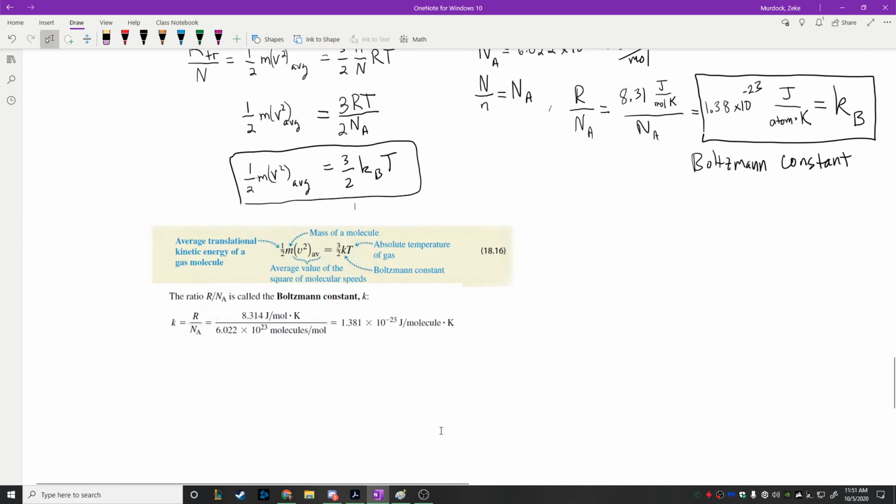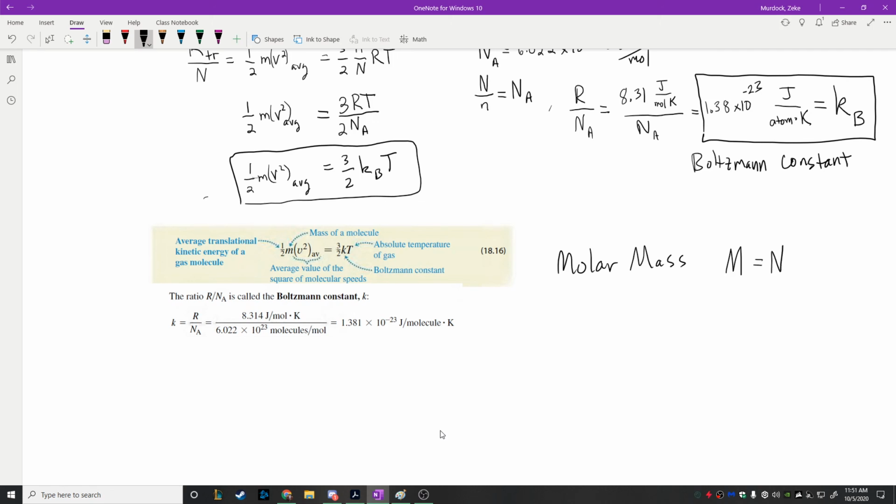Any questions? All right. So a couple other things that we can say. We can play this game where we write these things in a little bit different ways. If we talk about molar masses, the molar mass, capital M, is equal to what?